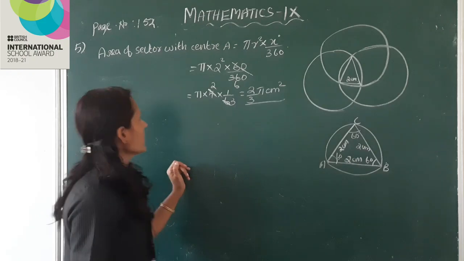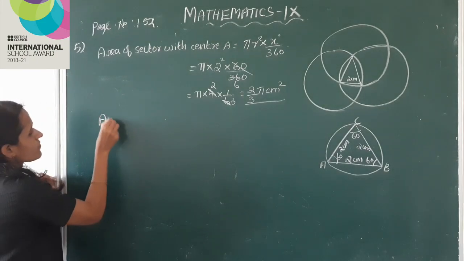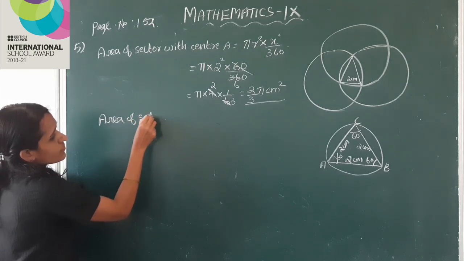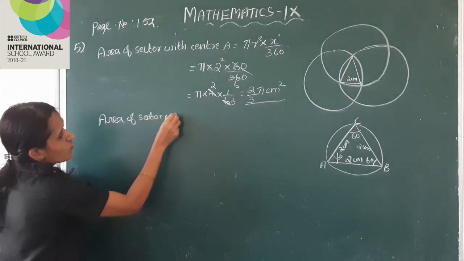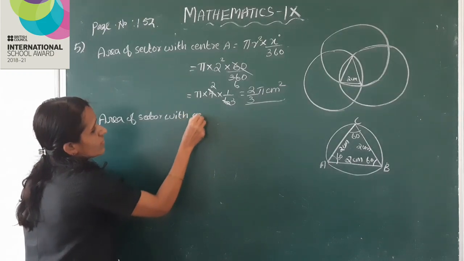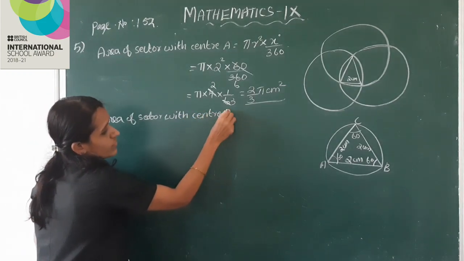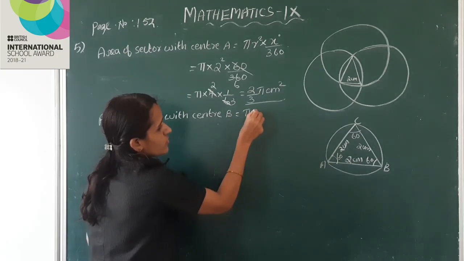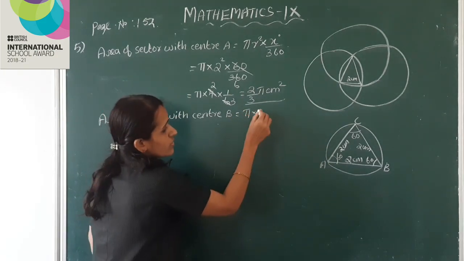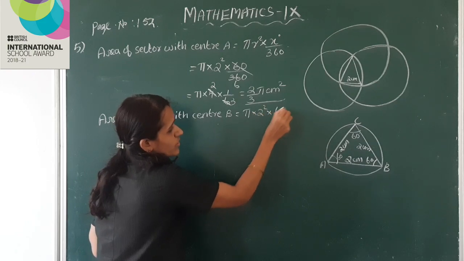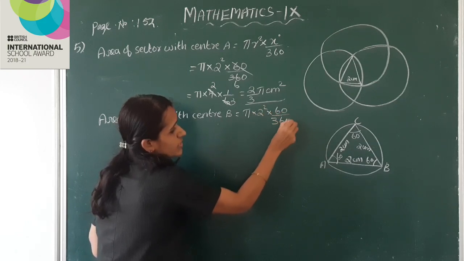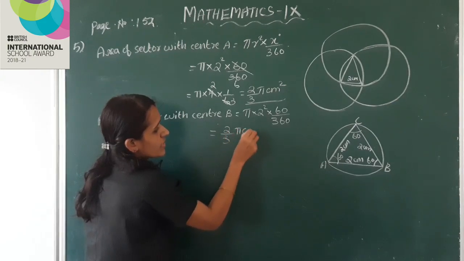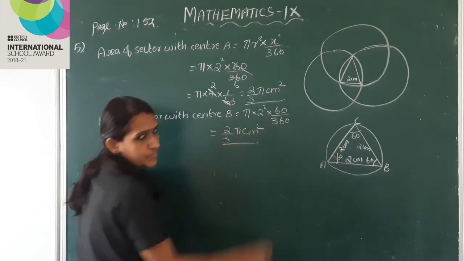Next we have to find area of sector with center B. This is equal to pi into r, r is 2 square into 60 by 360 degree. This is equal to 2 pi by 3 centimeter square.